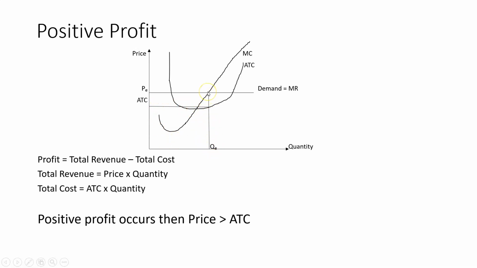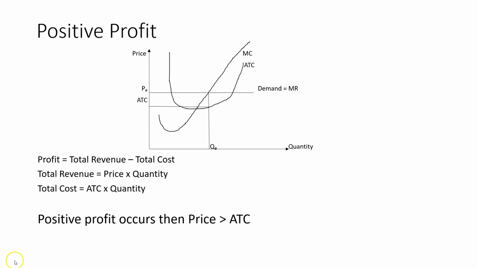So in a situation in which total revenue is greater than total cost, the difference between them is this area in here, and that represents the profit that is made. So we can conclude that at equilibrium, and again, that's the only point we're concerned about here, if price is greater than average total cost, this firm is going to have a positive profit.